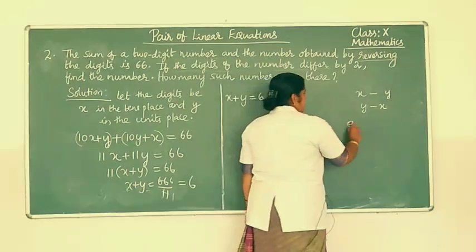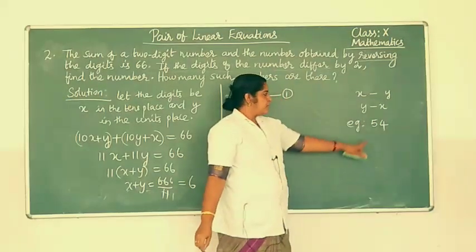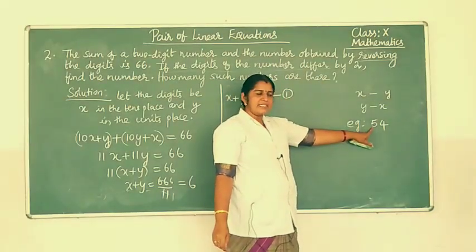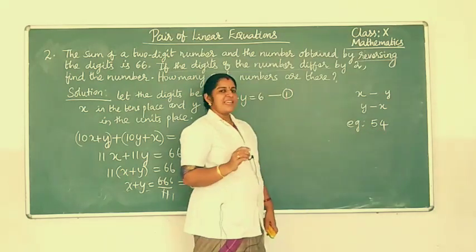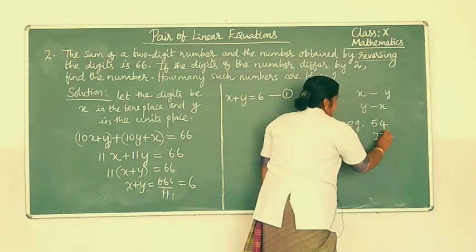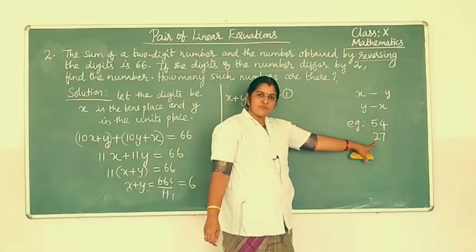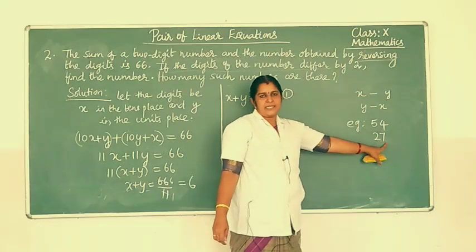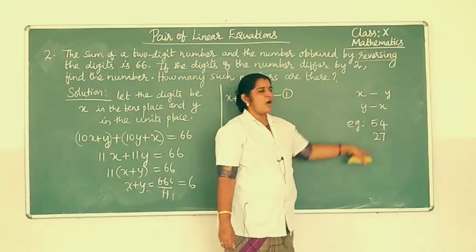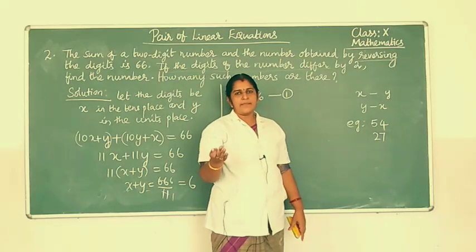For example, if you are considering the number 54, you see the first number 5 is greater than 4. But if you are considering the number 27, here you can see that the first digit is smaller than the second digit. Okay. So in common we can say either x may be greater or y may be greater.